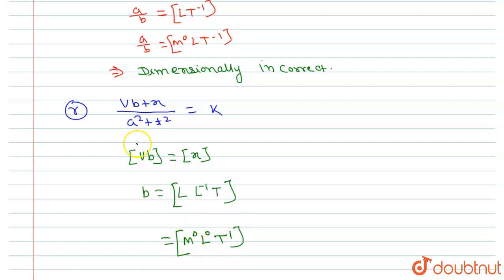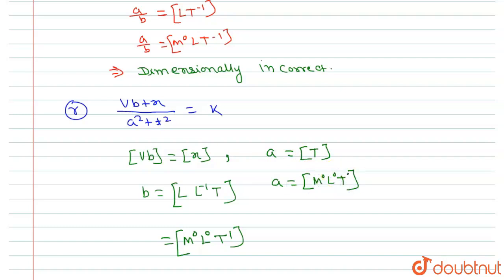Clear? Now from here we can see that the dimension of A is what? From the denominator part we can see that the dimension of A should be equal to the dimension of T, because A square equals T square. So the dimension of A is M0 L0 T1.